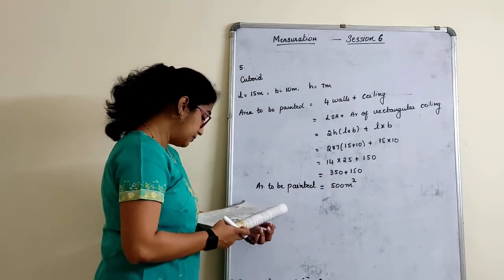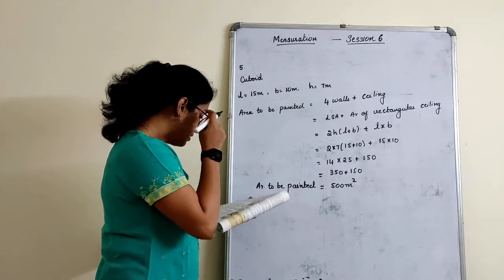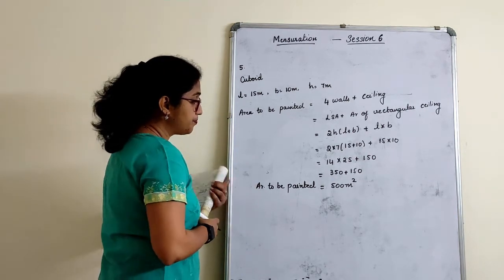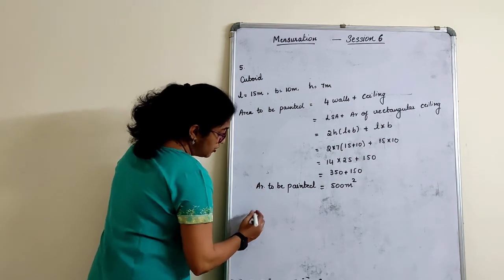Area to be painted. Now what is that? Last part they have given: how many cans will she need to paint the room? So I will just write here, see.